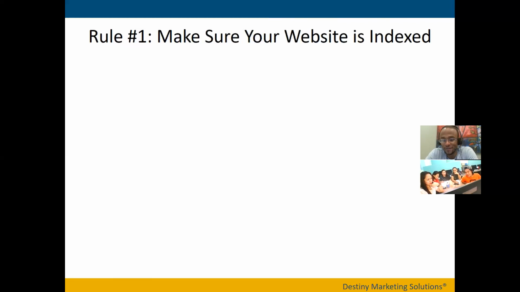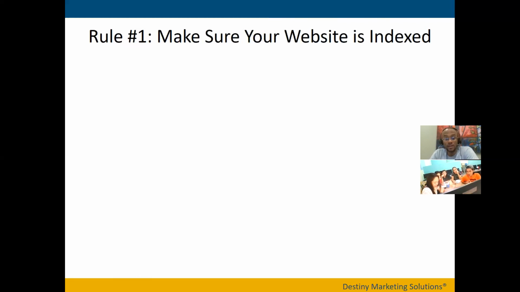We just went over it a few minutes ago. Make sure your website is indexed. And so when it's indexed, that means that you can find it where? On web search results. Yeah, exactly. Good job. So the number one rule of having a website and SEO is making sure that your website is able to be discovered on Google, on Bing, or Yahoo.